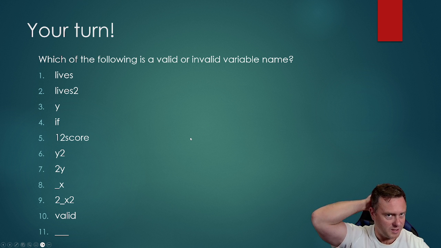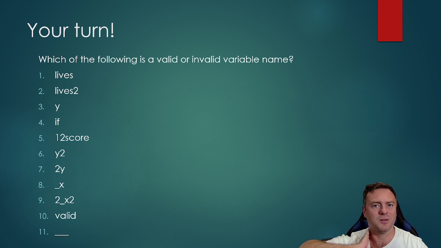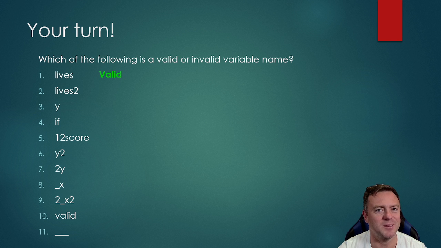And then we've got this section here, just checking to see whether or not you'd learned from last lesson what are valid and invalid variable names. So just pause the video and have a go. The first one, totally valid. The next one's valid as well. Even though it's got a 2, as long as it's not the first character, that's fine. Y is fine, that's valid.